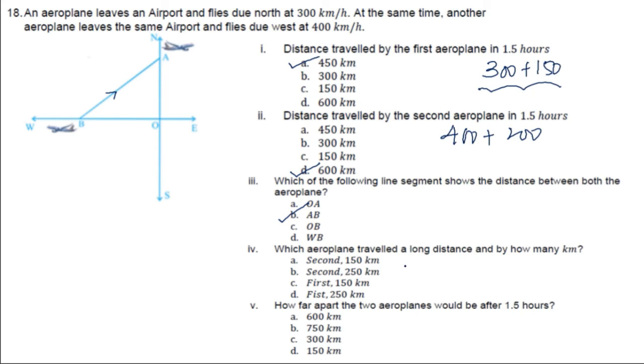The difference here is 100, but 1.5 hour, so it has to be 150. So the answer is a second aeroplane with 150 kilometer. How far apart the two aeroplanes would be after 1.5 hours? You can calculate and you will find that the distance will be 750 kilometers.